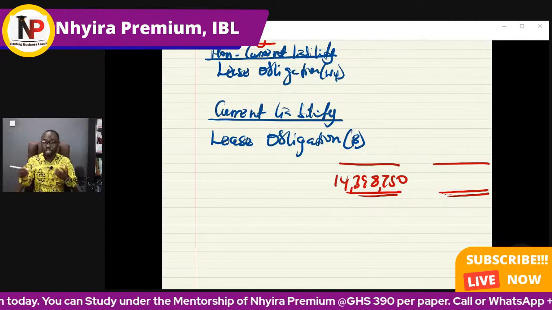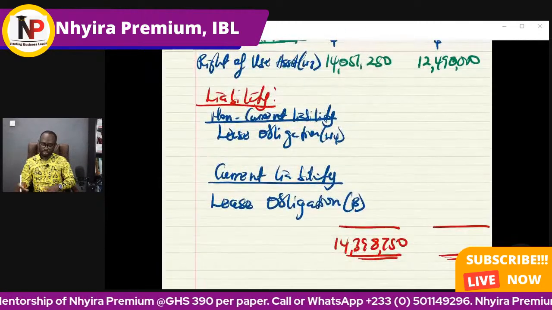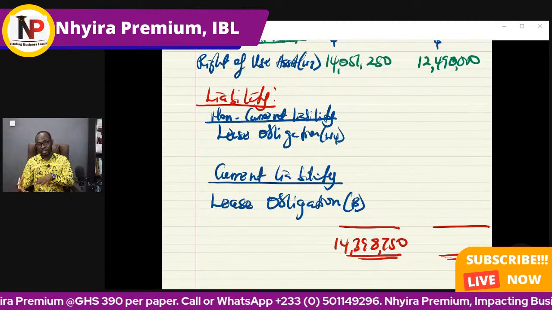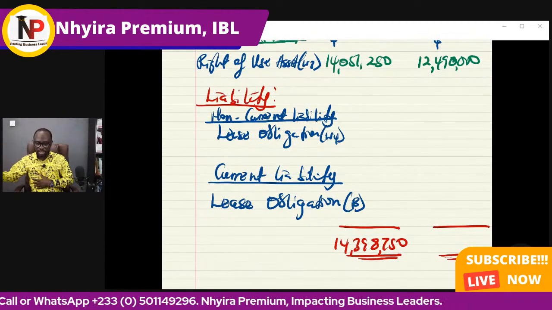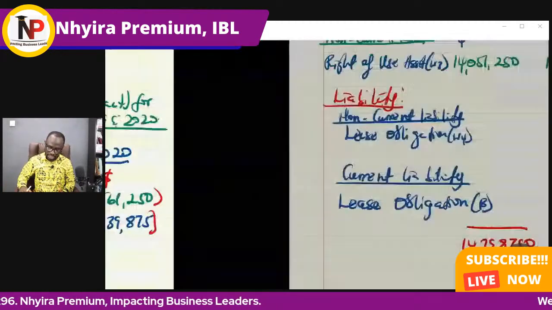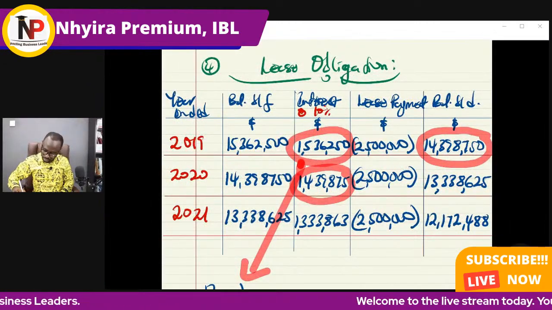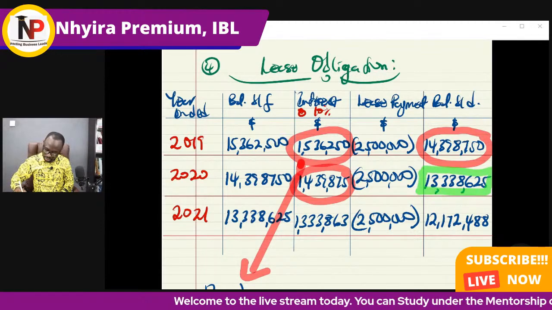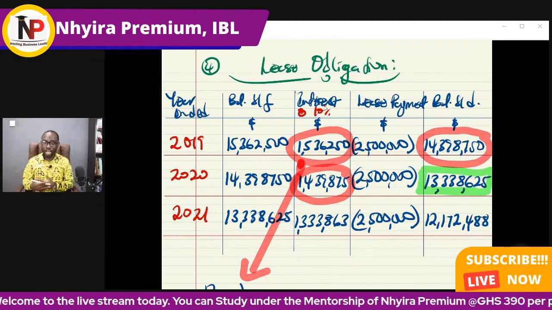14,398,750. That's the total. Now we're going to be splitting that between the current and the non-current. When it comes to payment in arrears, payment at the end of the year, what we do is that the second period, the next period, becomes the non-current liability.